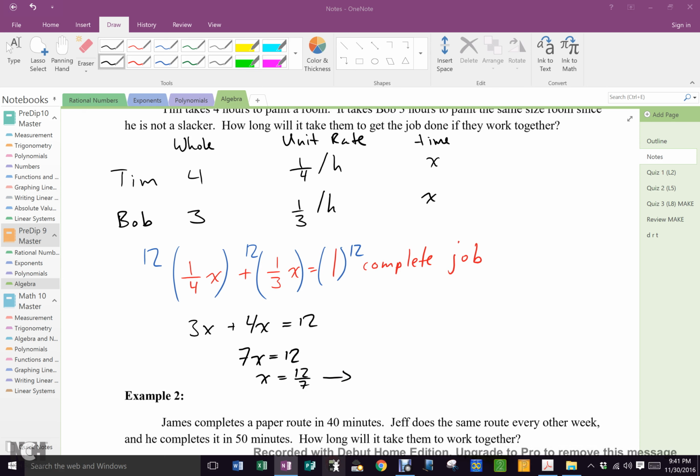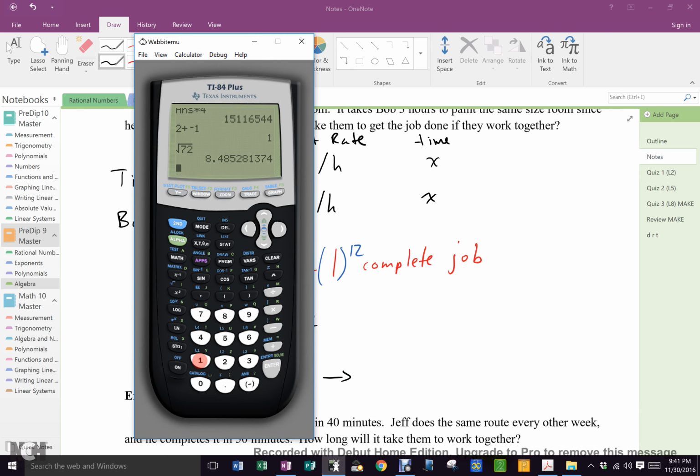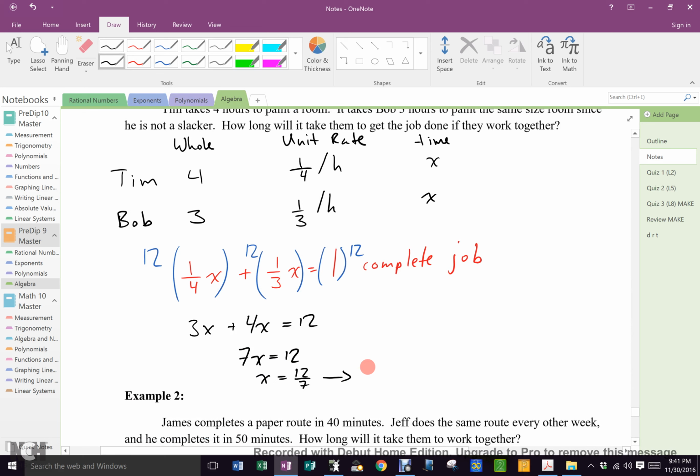Or, go to your calculator, 12 divided by 7, 1.7 hours. Or, if you want to get really technical, 1 hour, 1/10 of an hour is 6 minutes, 7/10 of an hour is 42 minutes. I don't care what you give me, that or that. They're both okay.